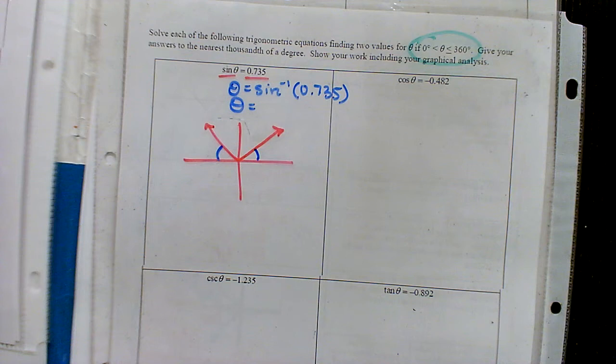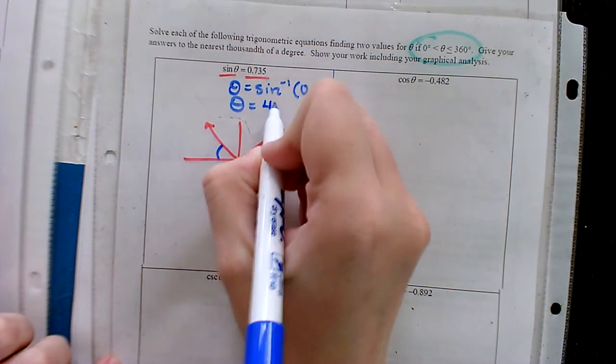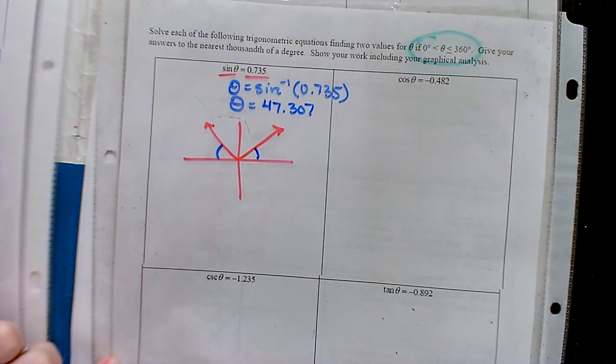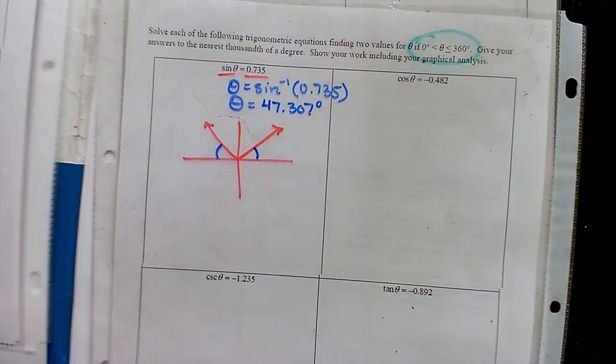All right, so if we were to type that into our calculator, what would we get? Did we get 47.307? That sound about right? Okay, which quadrant is that 47-degree value located in?